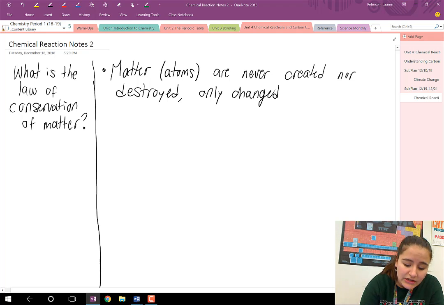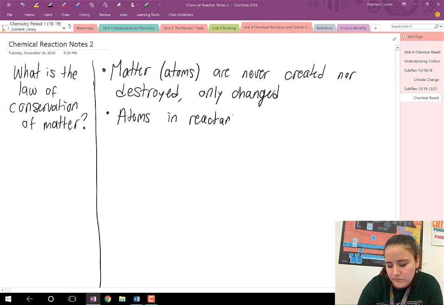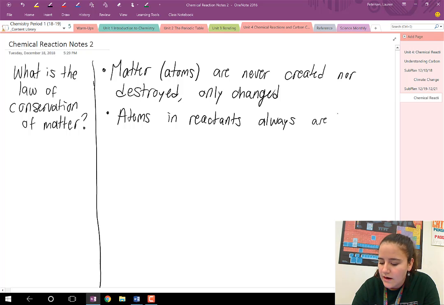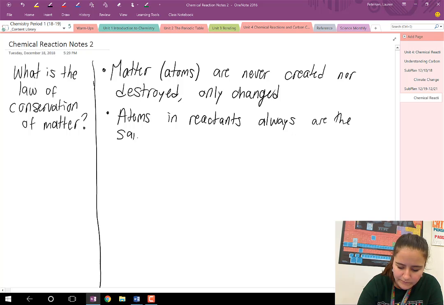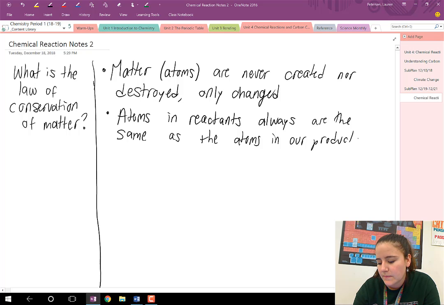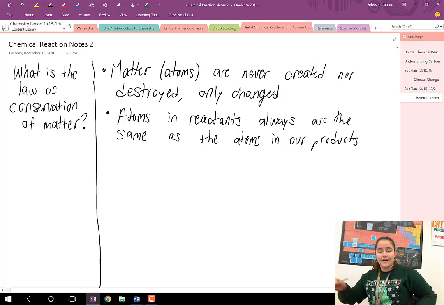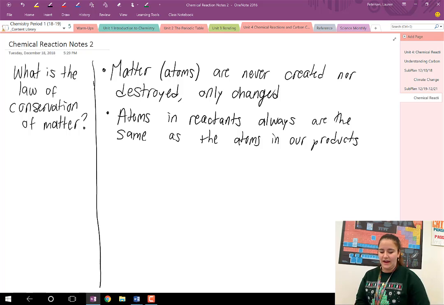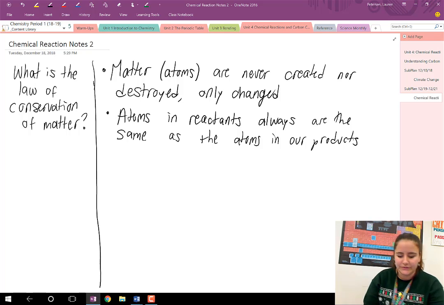In terms of our chemical reactions, what this means is that the atoms in our reactants always are the same as the atoms in our products. Okay? We're never going to come up with atoms out of nowhere. Our atoms are never going to disappear on us. If they're there, they're there. They need to be on both sides of the arrow, the before and the after.